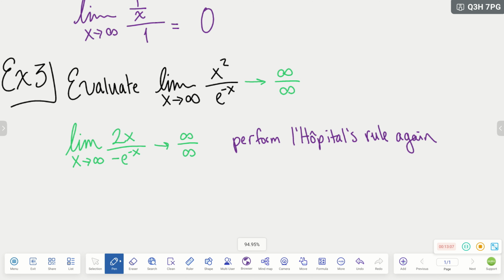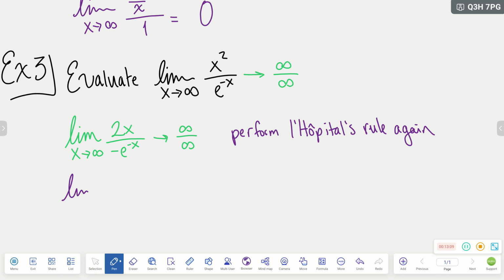Okay, so let's take the derivative of the numerator. Give me 2. The derivative of the denominator gives me e to the negative x. Now when I plug in infinity, I get 2 over infinity, which means that this is approaching 0 as my denominator gets really, really big.